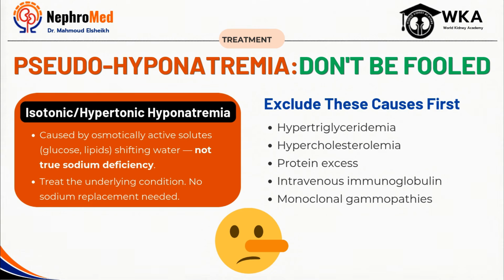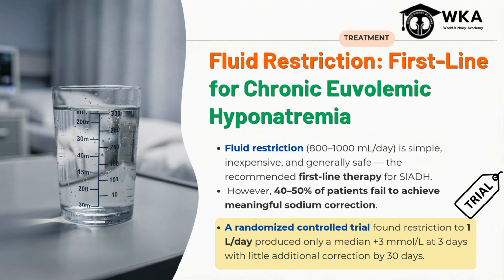The correct management is to treat the underlying disorders, such as correcting hyperglycemia or measuring the lipid or protein abnormalities. So whenever you see hyponatremia, the first question should not be simply what is the sodium level. The first question should be what is the serum tonicity of this patient. In chronic euvolemic hyponatremia, particularly SIADH, fluid restriction remains the traditional first-line therapy.